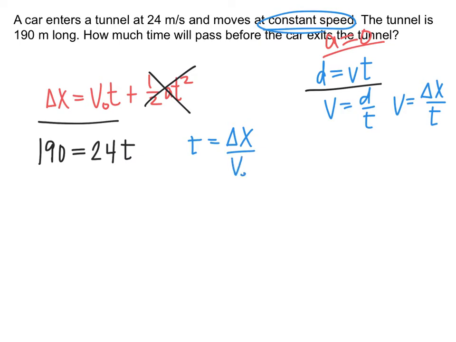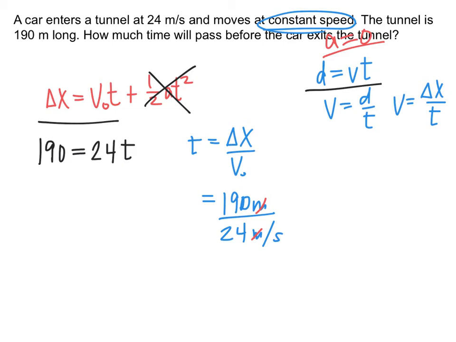Okay, and then when we plug in our values, we could include the units, and we would see that the meters cancel, and the seconds pops up on top. Okay, and again, you would be doing the same algebra, 190 divided by 24 with either setup.